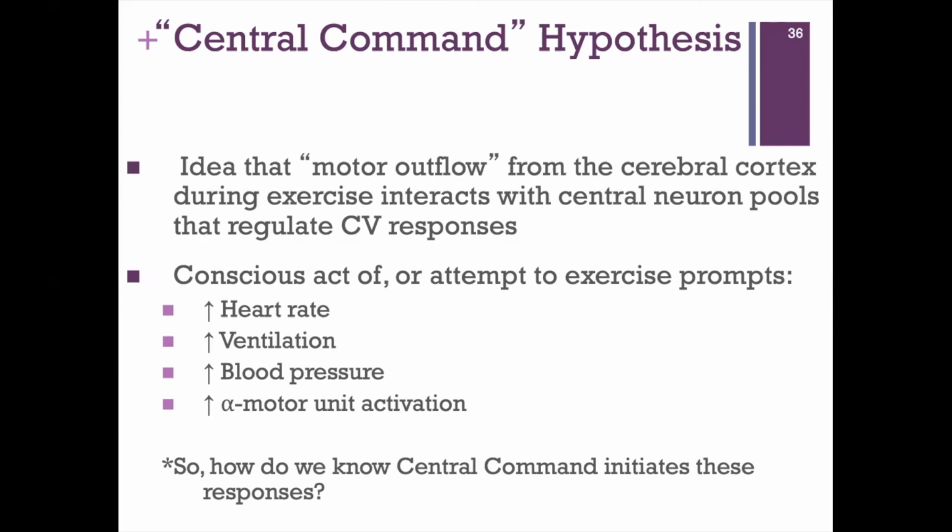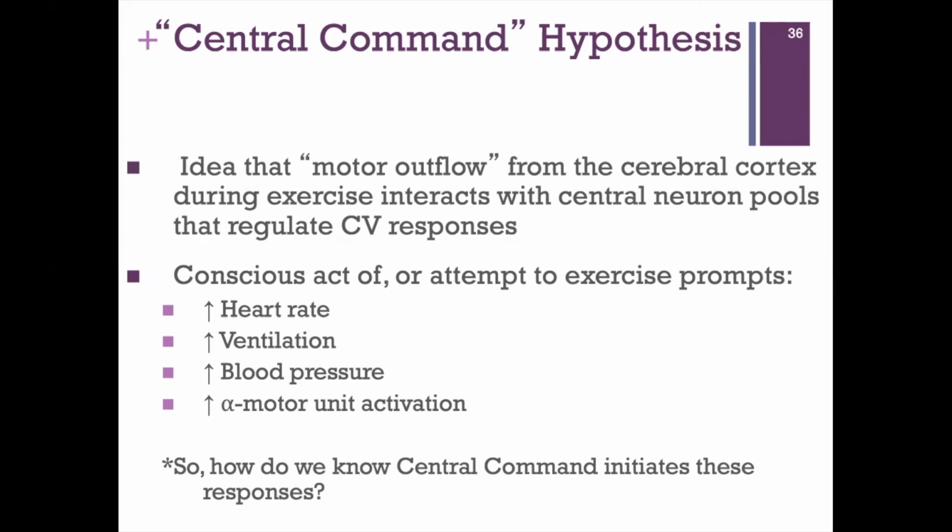And what happened is that we saw the same increase in heart rate and ventilation and blood pressure and alpha motor unit activation even though they couldn't actually exercise. So we knew that all of this was happening within the brain, hence the central command. It's happening within the brain and not through the appendages that are actually exercising.